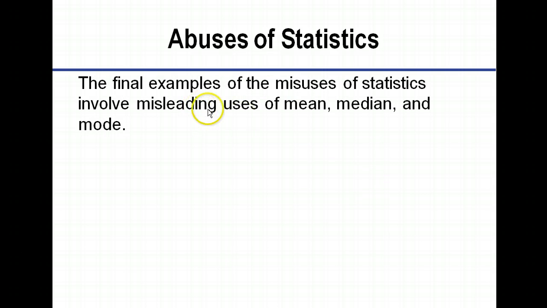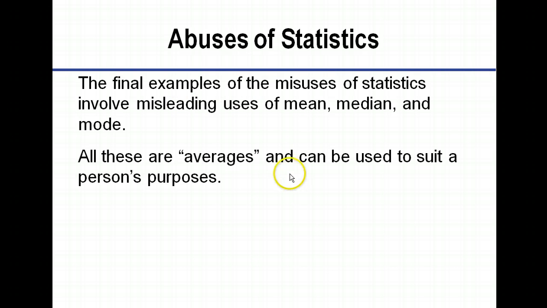The final examples of the misuses of statistics involve misleading uses of mean, median, and mode. Remember, all of these are averages, and they can be used to suit a person's purposes. You could use one versus the other to try to mislead the population you're giving the data to.